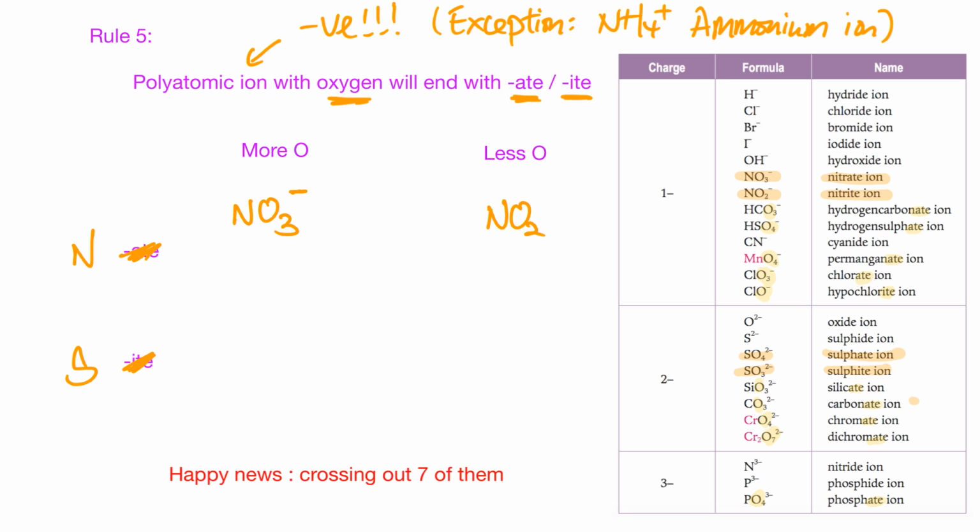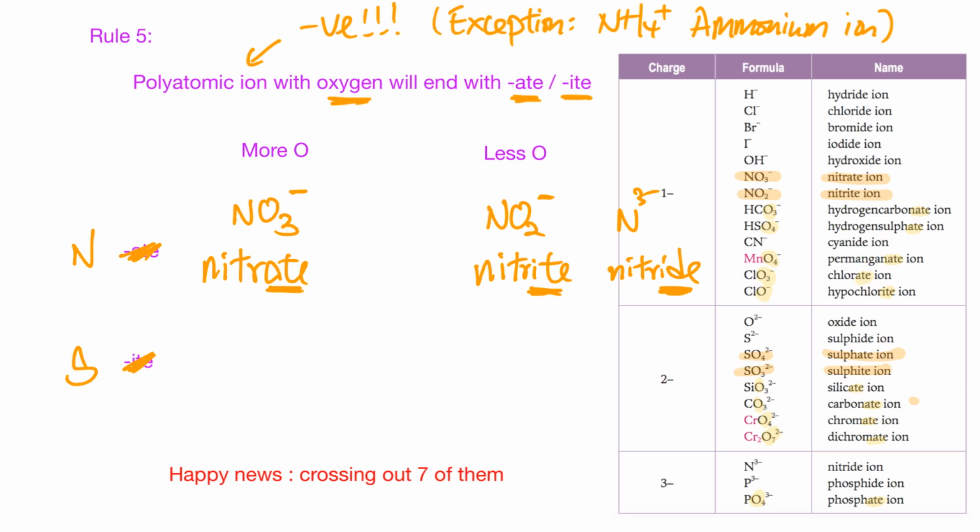When you combine 3 oxygen, we call that nitrate. More oxygen, we end with ATE. Less oxygen, we end with ITE. No oxygen, we end with IDE. So when you read this, pay attention to the ending of the ions.